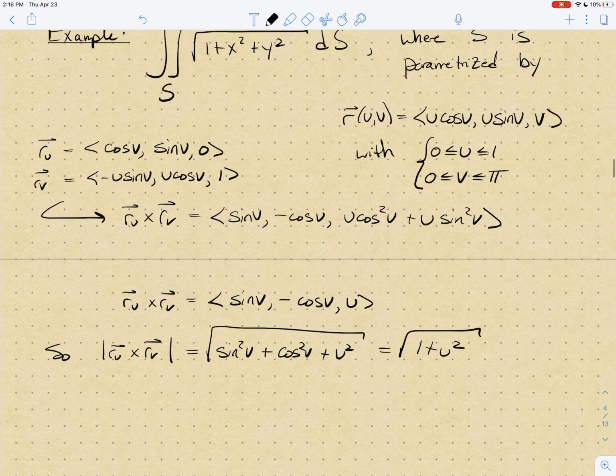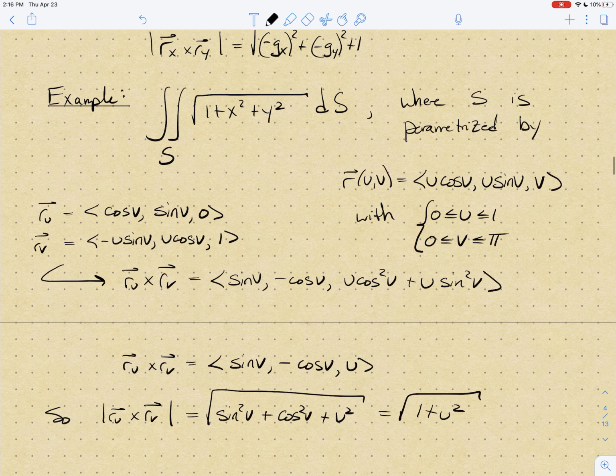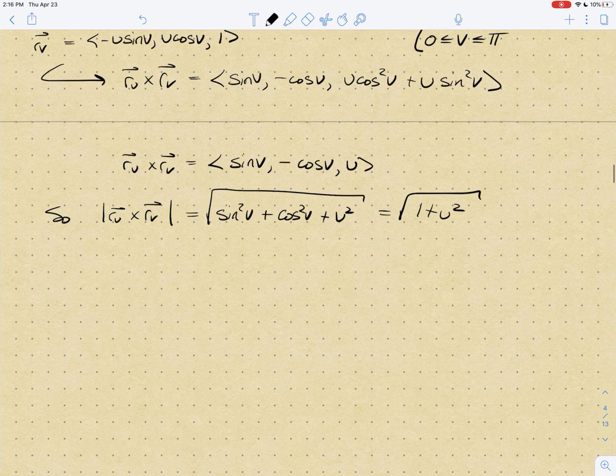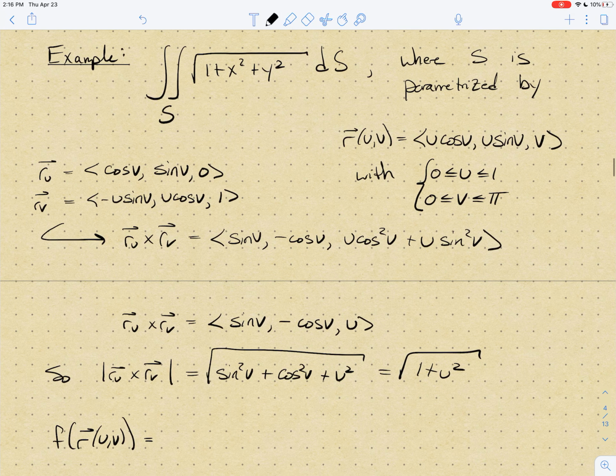So that's nice. Okay, now I want to look at my function f that I'm integrating. All right. And so I want to think about f of r of u and v. Well, f was radical 1 plus x squared plus y squared. X is u cosine v, y is u sine v. So I think we can have this all on the same screen.